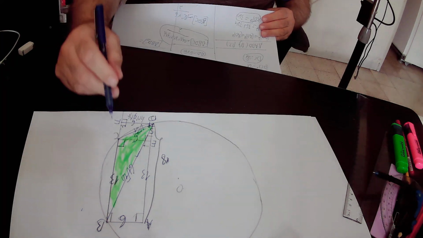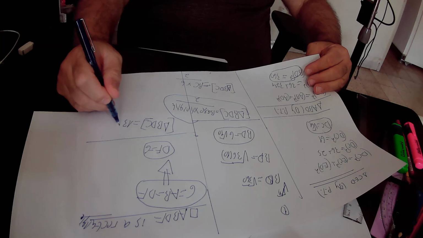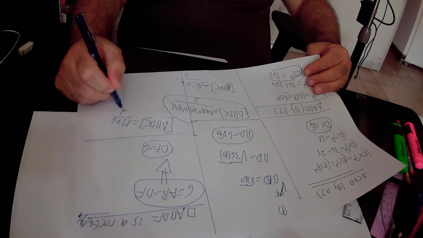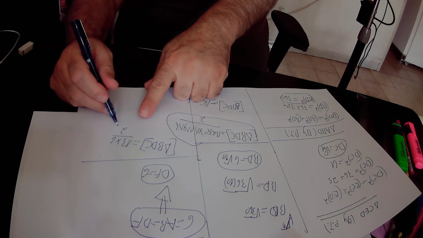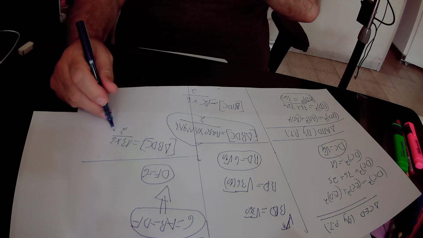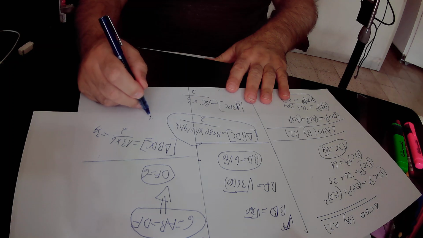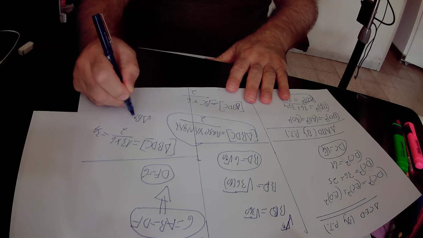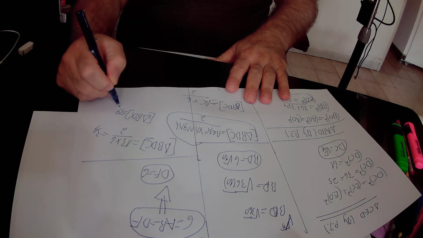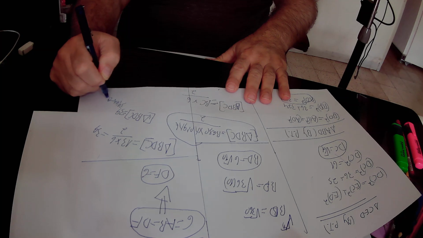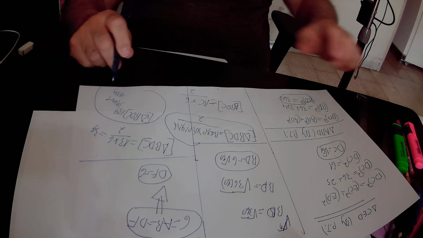But we know that BC equals 13. So we substitute BC by 13. 6 over 2 is 3. So in total, this expression equals 3 times 13, that is 39. That is to say, the area of the green triangle BDC equals 39 square units.